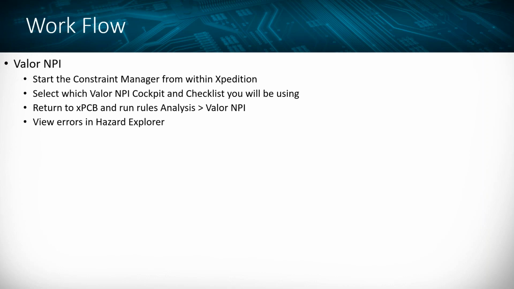So cockpit and checklist, those are both Valor NPI types of files that we would have to point to. So the checklist is going to point to the rule file that Valor NPI uses and checks. So these rules do all have to be set up within the Valor NPI workspace. But once those have been set up, we can easily point to those in the Xpedition constraint manager and run all of those rules on our printed circuit board.